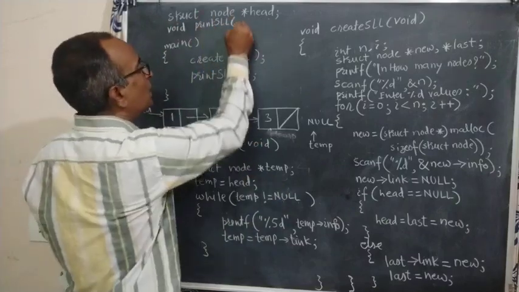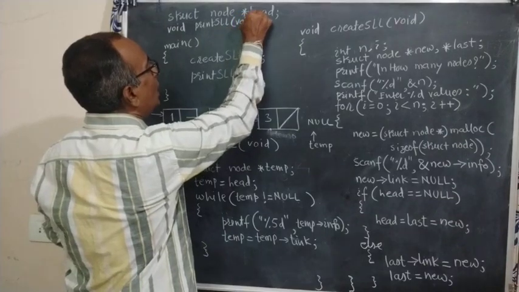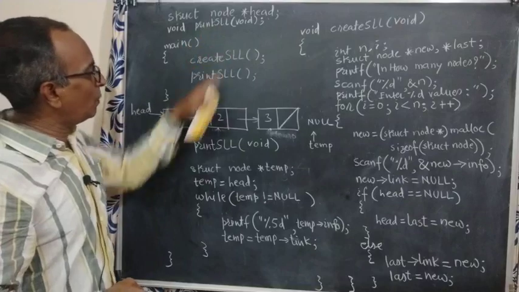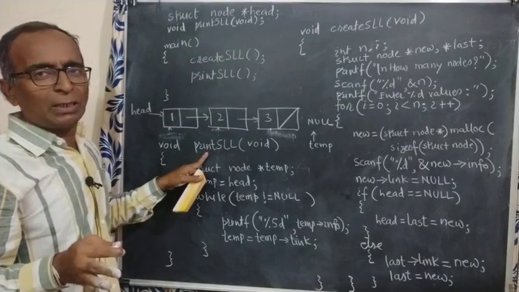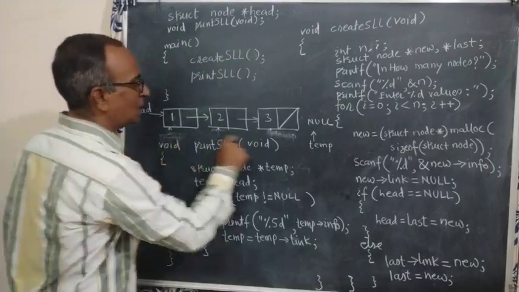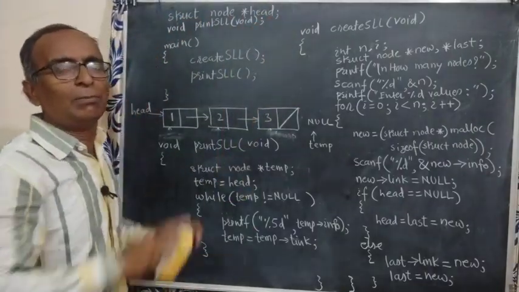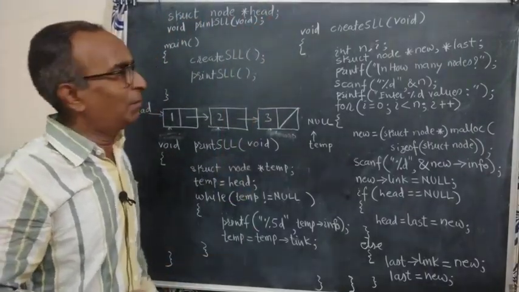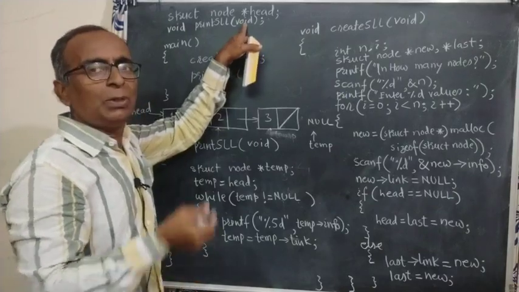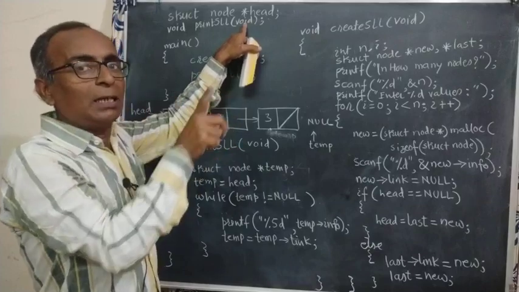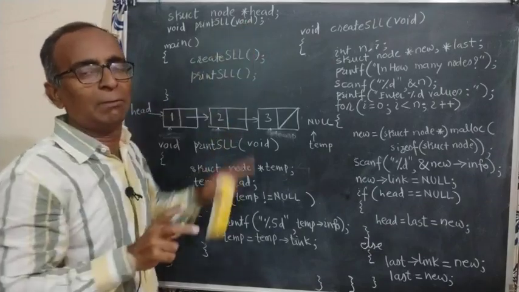As I am not passing anything, void and the semicolon are a must. This is the declaration for print SLL. Generally, you copy this first line, paste it here and give a semicolon. That forms the declaration. But it is not compulsory to give formal parameter names in a declaration. Only the data type of whatever you are sending is required.